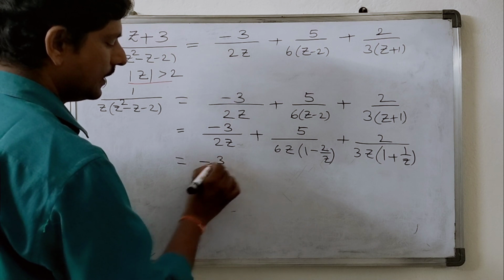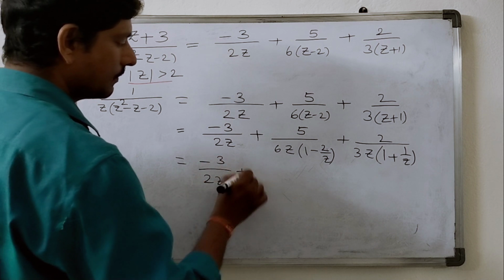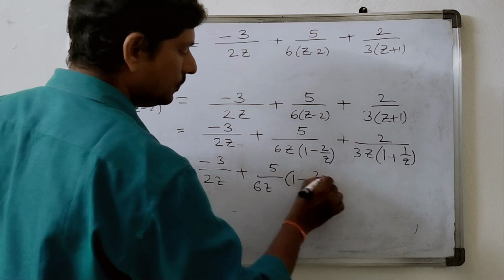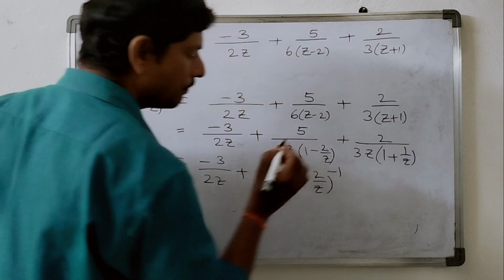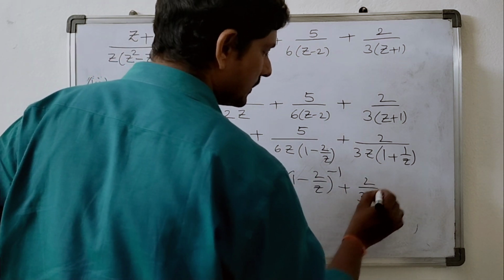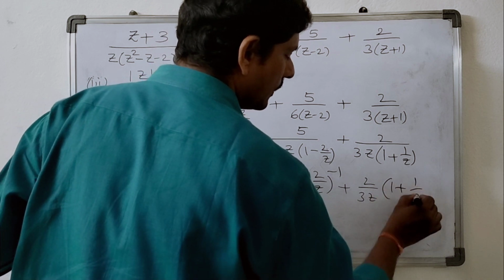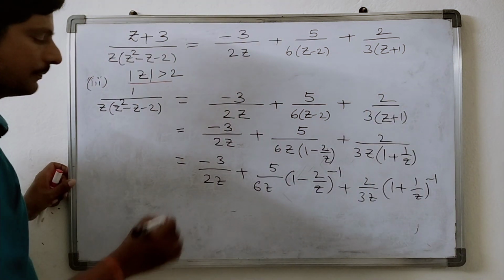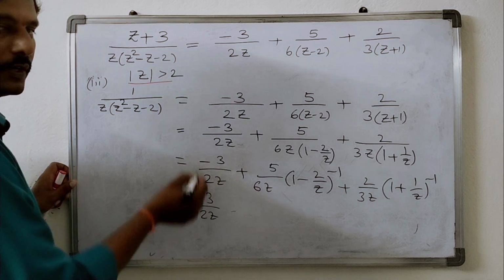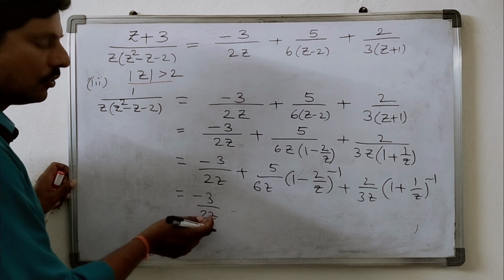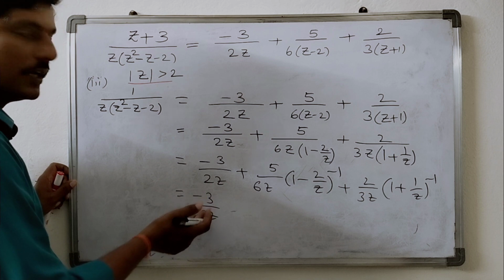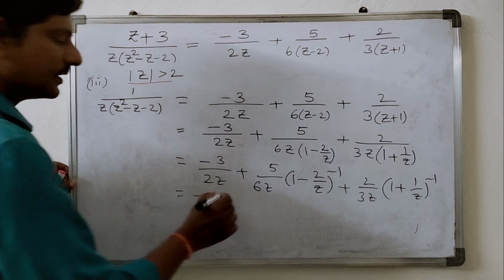Okay, minus 3 by 2z plus 5 by 6z into (1 minus 2 by z) whole power minus 1 plus 2 by 3z into (1 plus 1 by z) whole power minus 1. So minus 3 by 2z remains minus 3 by 2z because there is no term to compare. There is no constant. Constant value is 0 here. So there is no need of comparing, and the term remains the same here.